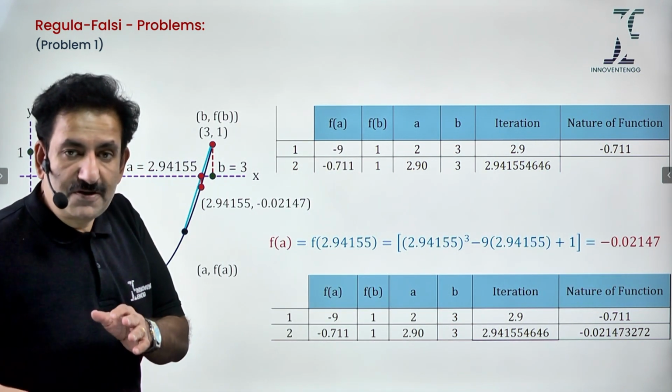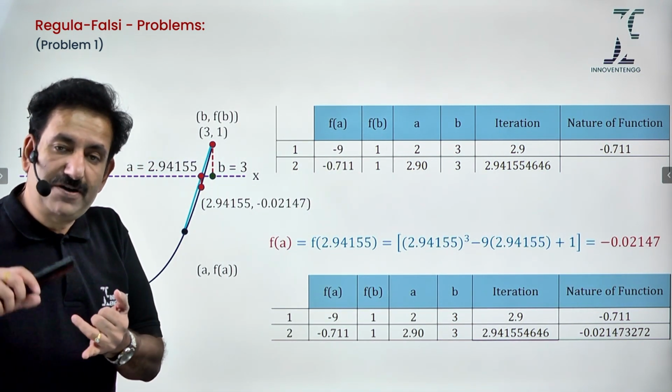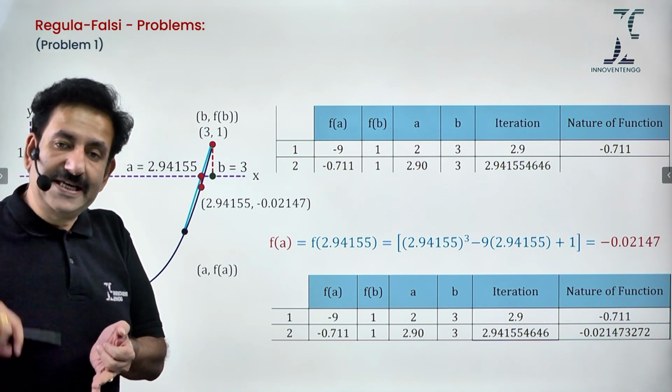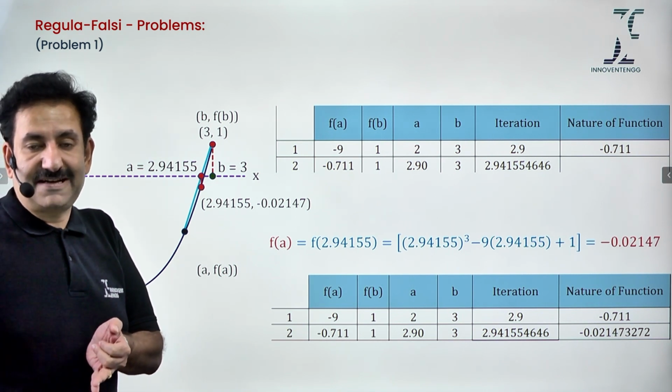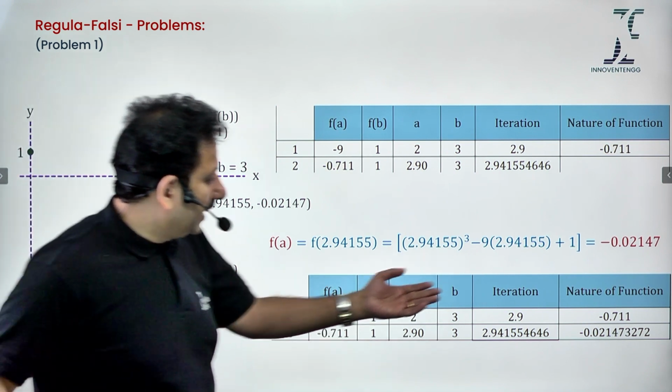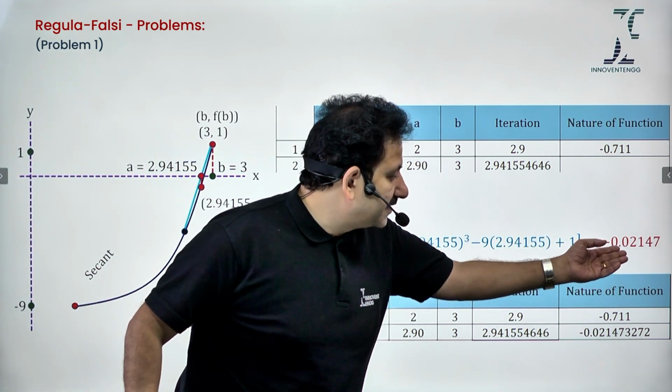But what is to be observed very carefully is that the value of the function was minus 9, it became minus 0.7, and now it has become minus 0.02147.